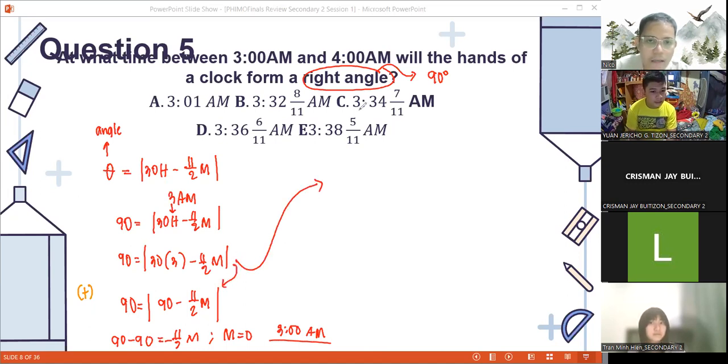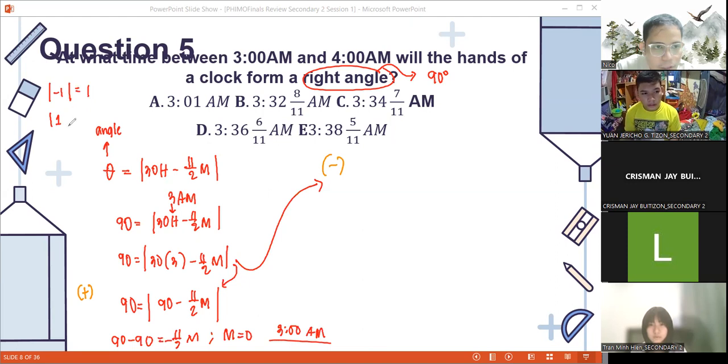Meaning we should take the other value of your absolute value. Because you have here positive, then you have here the negative value. Because again, any number, whether positive or negative, inside your absolute value becomes positive. So say, for example, the absolute value of negative 1 is 1, and the absolute value of 1 is 1, right? So you can have two values.